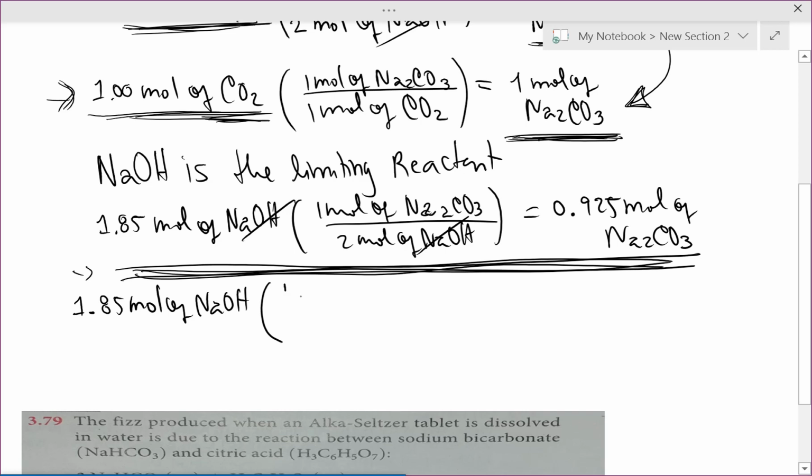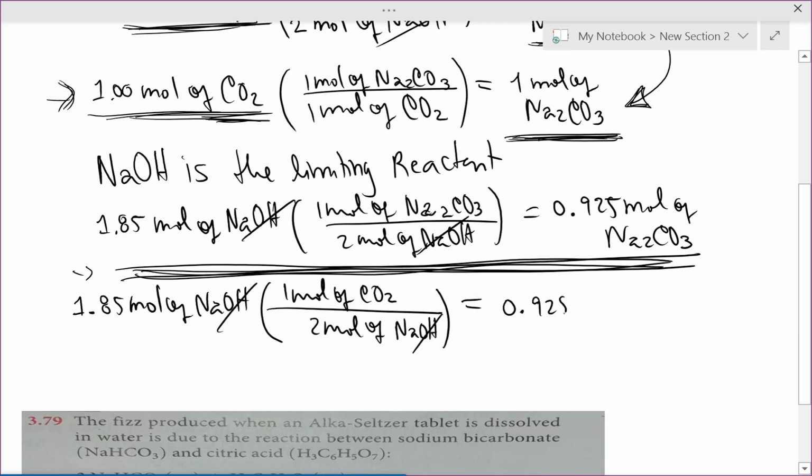So 1 mole of CO2 over 2 moles of sodium hydroxide. This is equal to 0.925 moles of carbon dioxide.